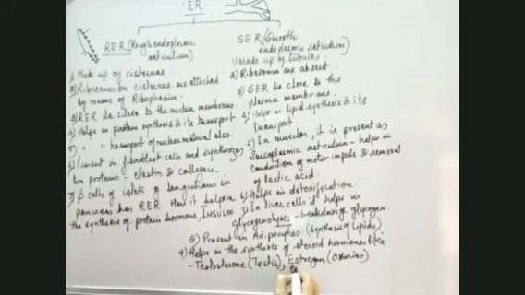Estrogen and progesterone by the ovaries are formed by SER, and testosterone in the testis is formed by SER. So both are steroid hormones.